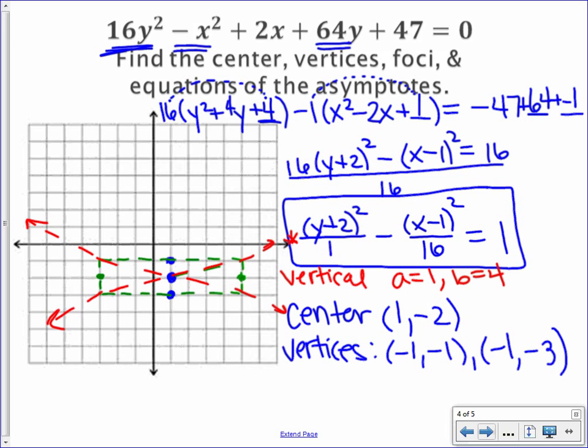That's going to bother some of you, and it's going to bother me. Let me fix that. So we have our asymptotes drawn in, which means we can draw our hyperbola. And we're going to let that hyperbola approach those asymptotes.